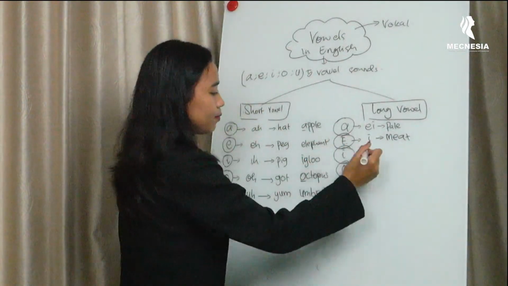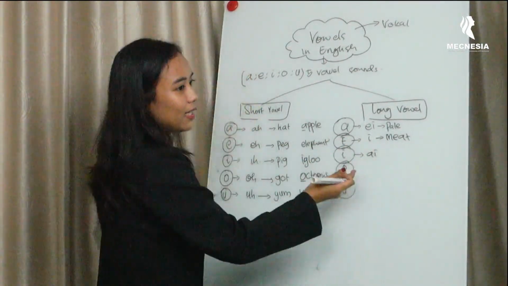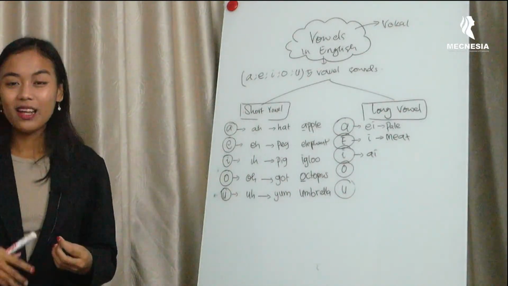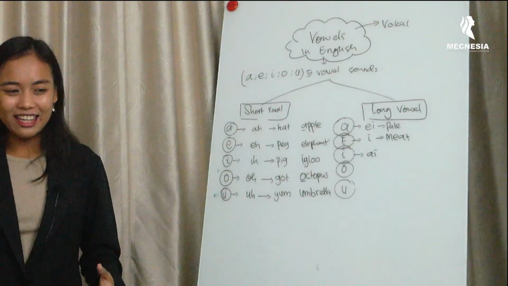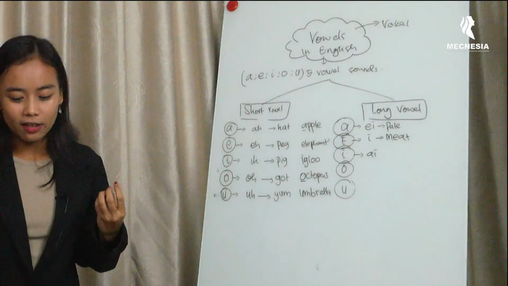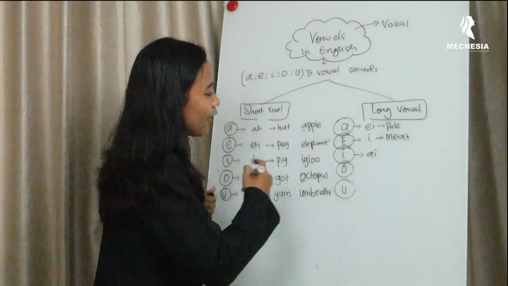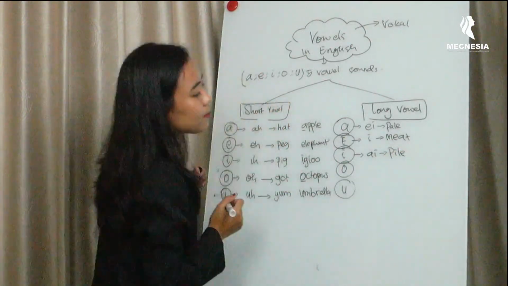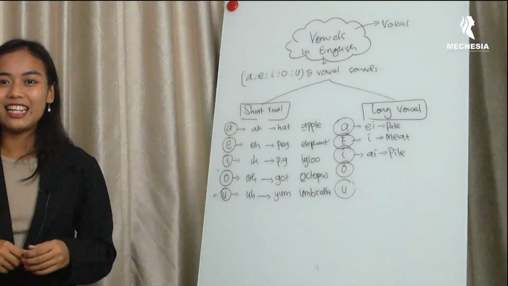And then the next one we have this letter. This one is A. Let's say it together. A. Okay, so A sound will be found in the word pile. Let's say it together.